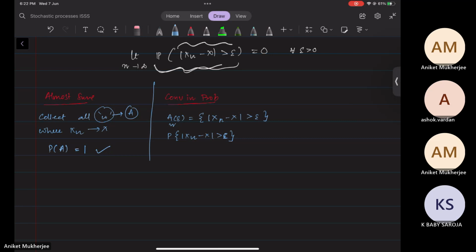Now, if the probabilities of this event converge to 0, then you can say that xn converges to x in probability. These both intuitively feel the same, but they're different. And we'll see that this is a stronger condition and this is a weaker condition.